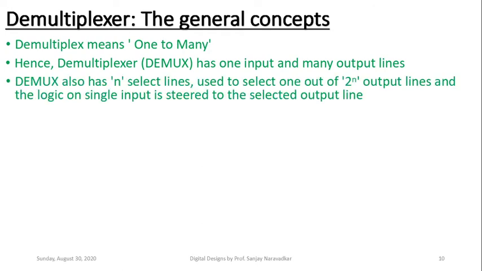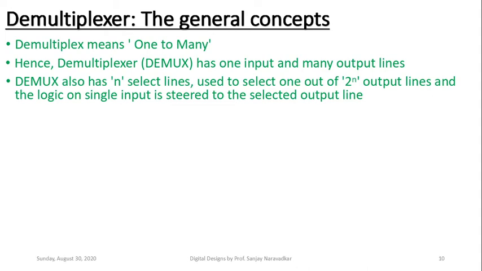Now the next line here, a DMUX also has n select lines, but this time it will be selecting 1 out of 2 raised to n output lines. So select lines in case of a demultiplexer will be used for selection of one of the 2 raised to n output lines.